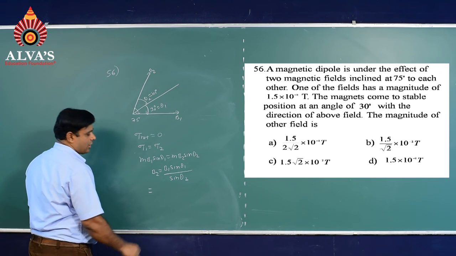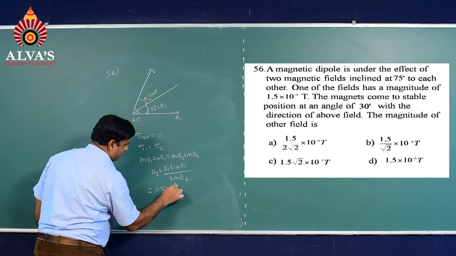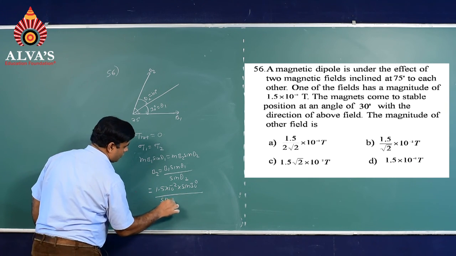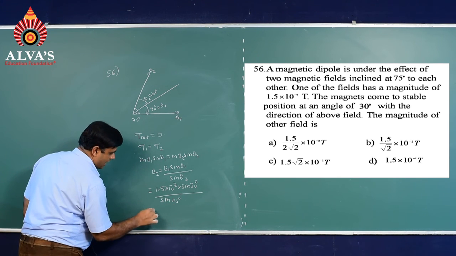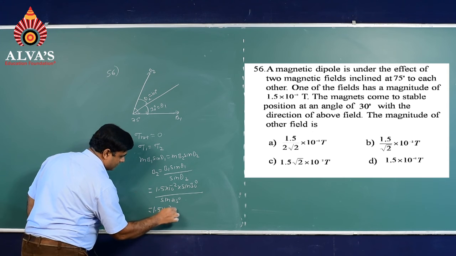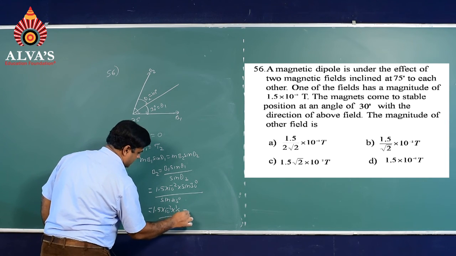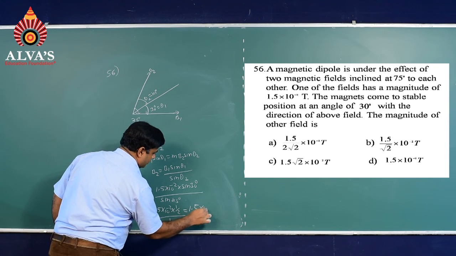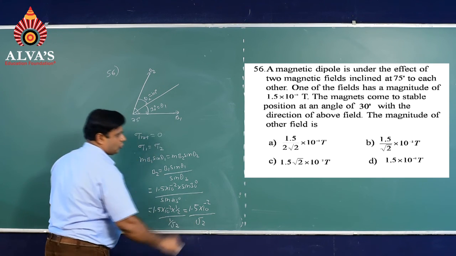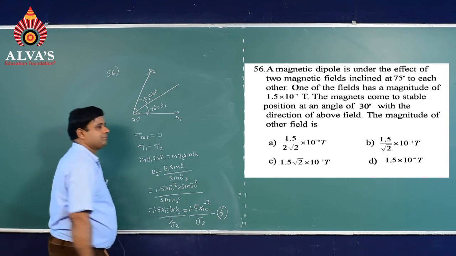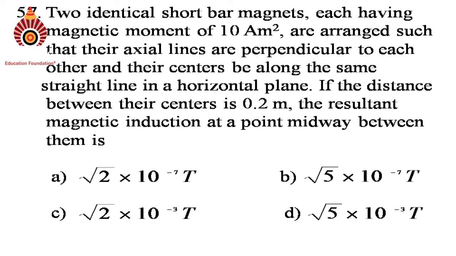B1 is given as 1.5 into 10 to the power minus 2, sin theta 1 is 30 degrees, sin theta 2 is 45 degrees, which is 1.5 into 10 to the power minus 2, sin 30 is 1 by 2, sin 45 degrees is 1 by root 2, which is equal to 1.5 into 10 to the power minus 2 by root 2. So, the answer should be B.